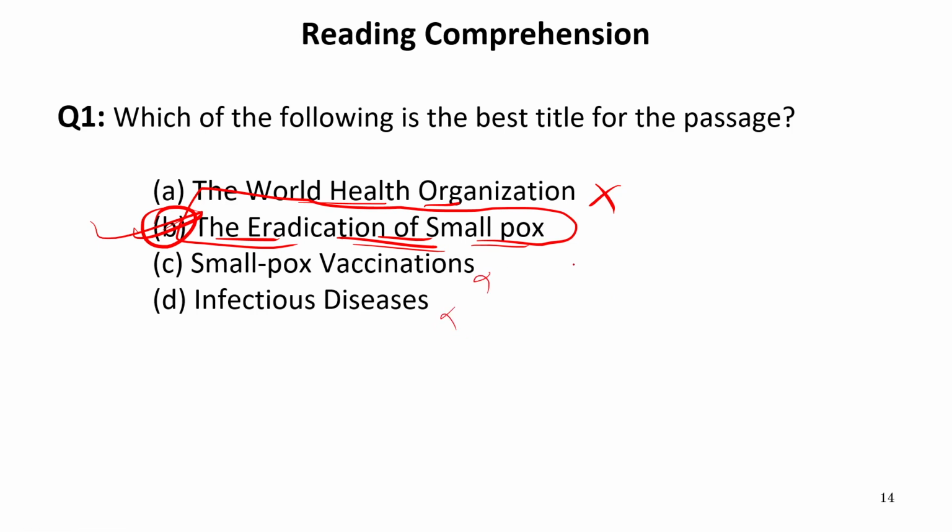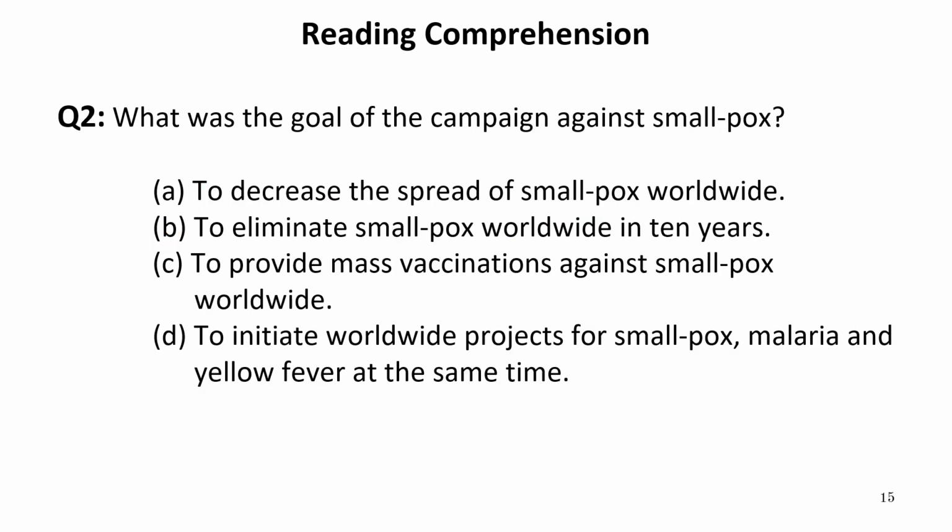We are not talking about infectious disease. Though these type of questions should be done at the end of the passage, because after all the questions, we have a large amount of information from the passage. So it is easy to conclude what the passage is about. So let us verify this question at the end of the paragraph.